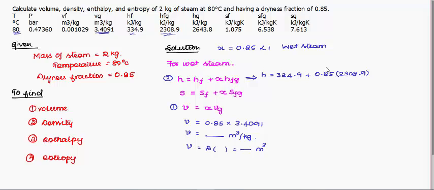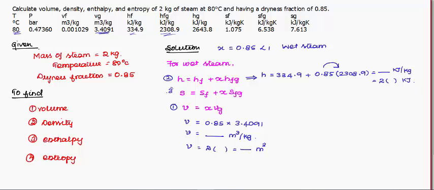First multiply 0.85 with 2308.9 and then add 334.9. You get the enthalpy in kilojoule per kilogram. Multiply by the mass 2, and you get the enthalpy in kilojoule.